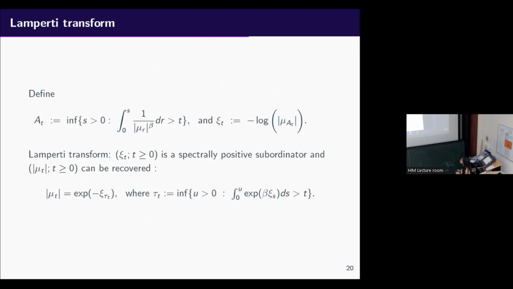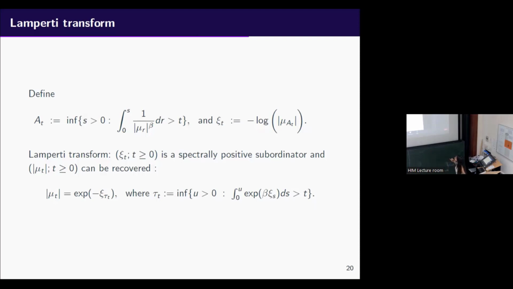So for those who are not very familiar with this, what we are doing is considering this process psi of t, which is minus the log of mu of some time change. The norm of mu is the block counting process of the coalescent. We are considering this change of time and considering minus the log of this.